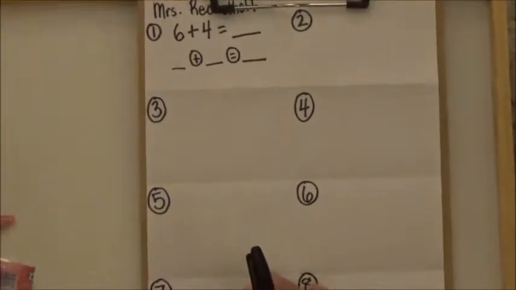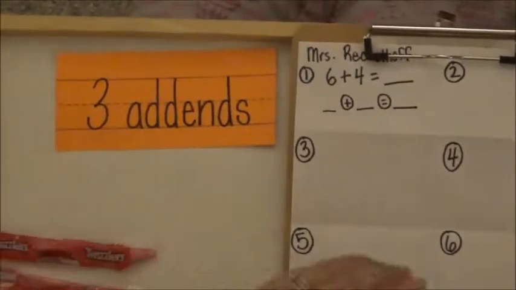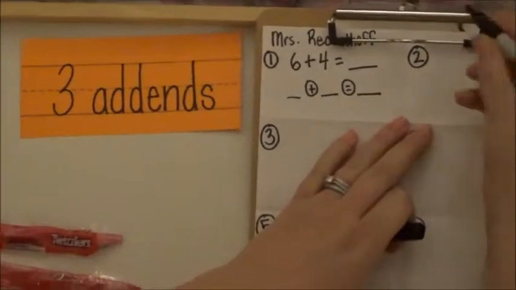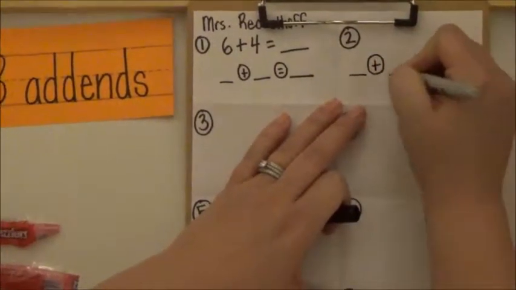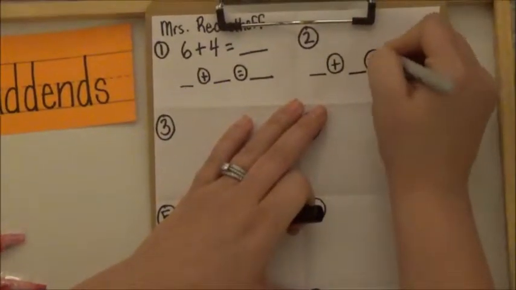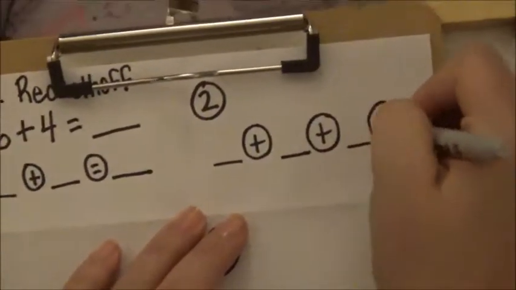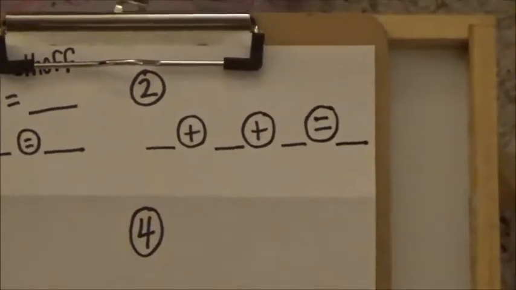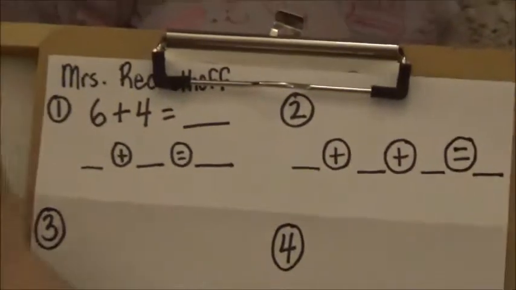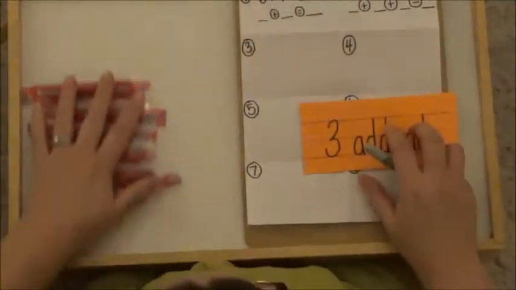Boys, girls, now we've been working on problems with 3 addends. So when we have 3 addends, we're going to add a number plus another number plus another number to get our sum. So let's add the Twizzlers again.